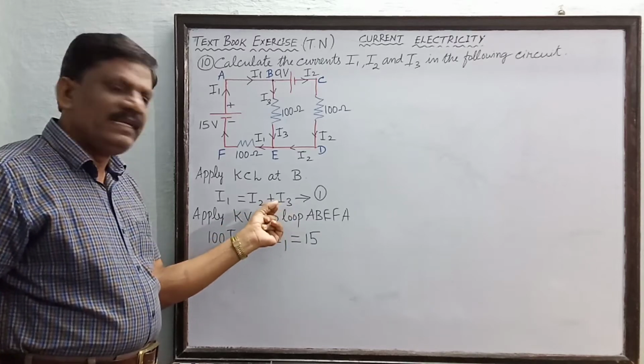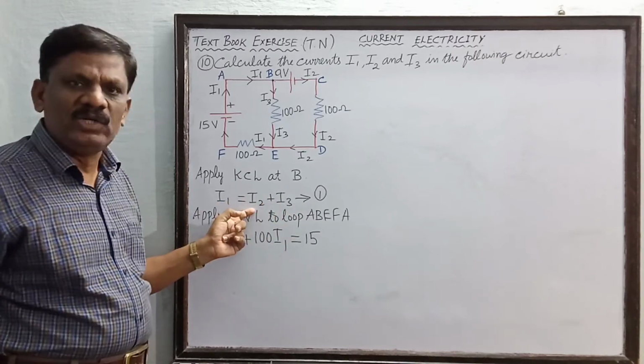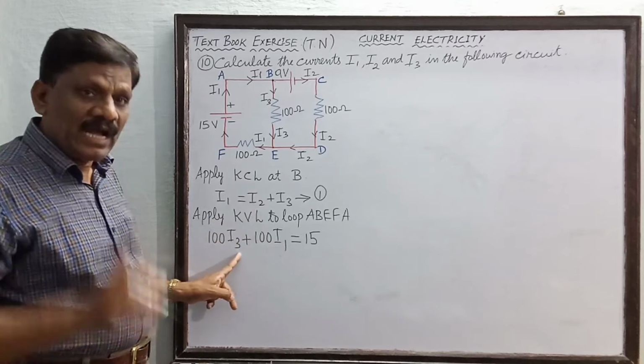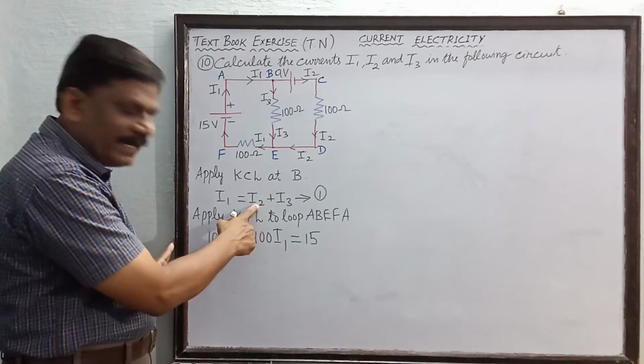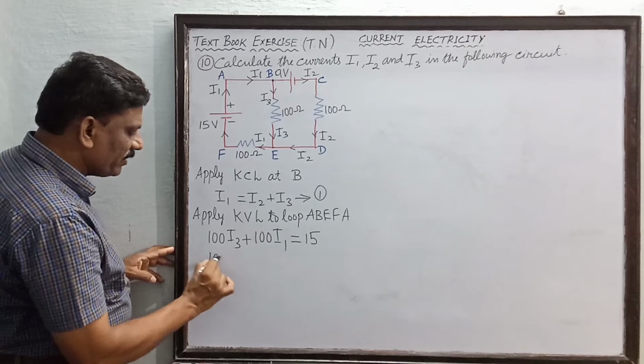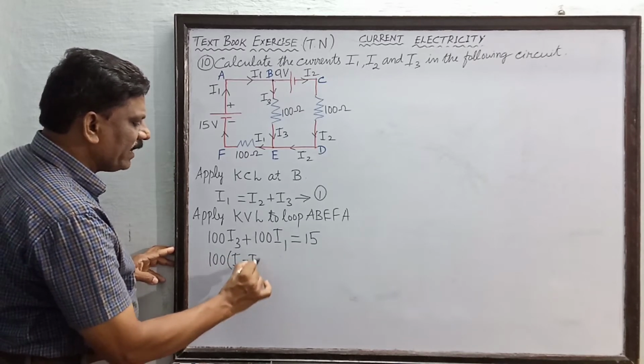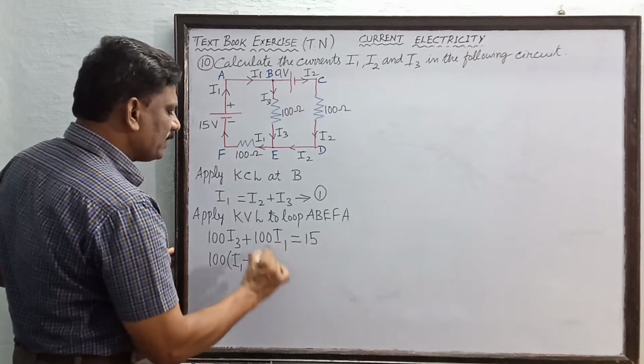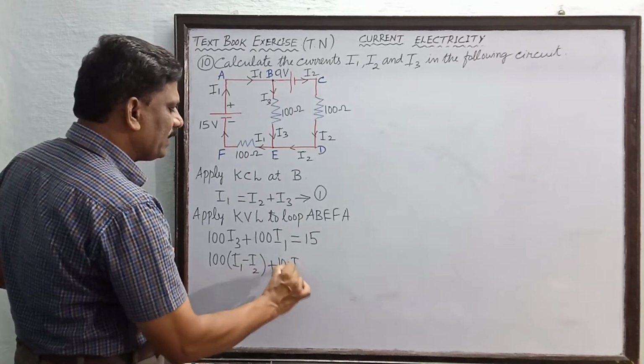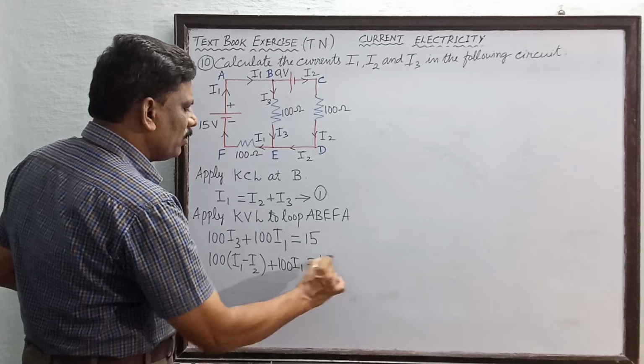Then again from equation, I1 is equal to I2 plus I3. So instead of I3, we can substitute I1 minus I2, is it not? I am rewriting this equation: 100 into (I1 minus I2), plus 100 I1 is equal to 15.